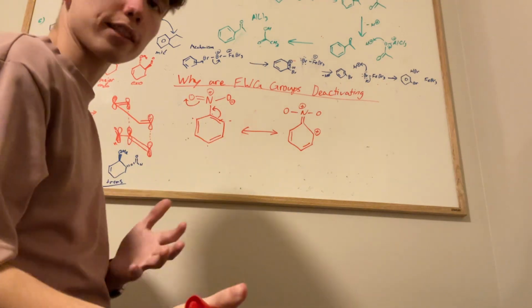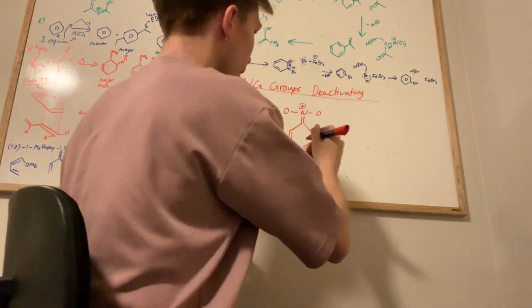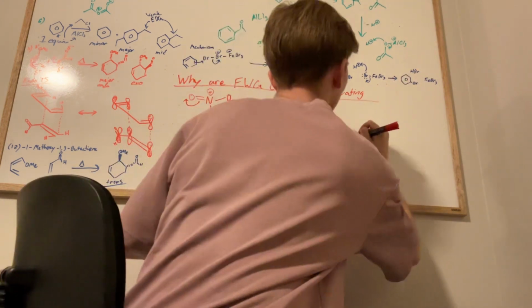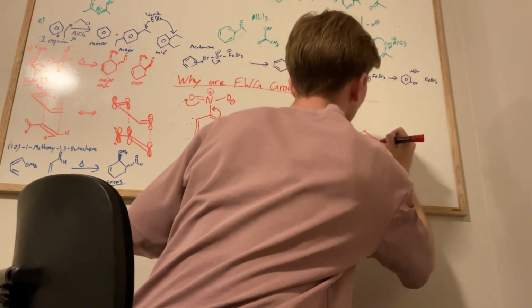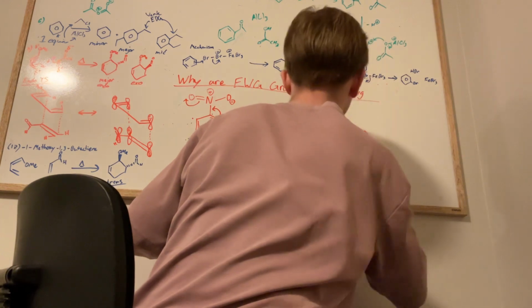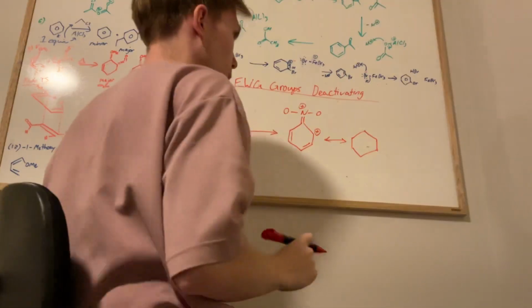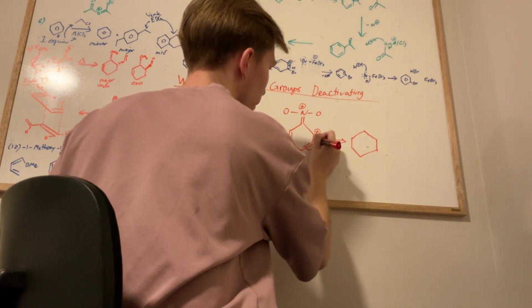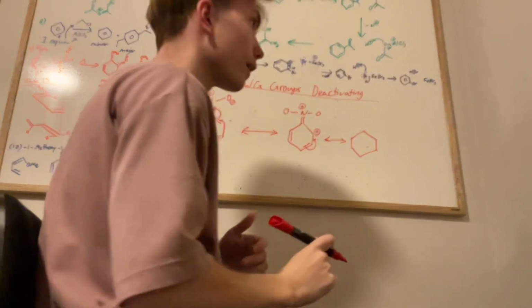It has been deactivated. And so, of course, there's more to it. There's another movement. And bear with me for a second. What's going to happen? This pi bond is going to break, move over here, and we're no longer going to have a positive charge there.